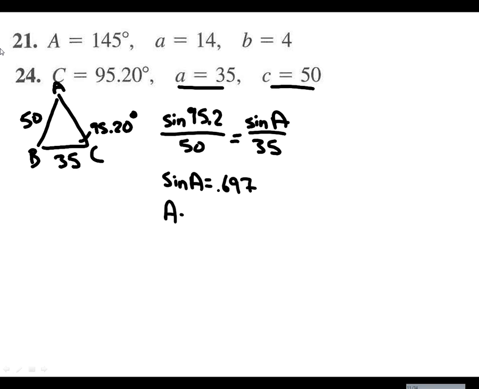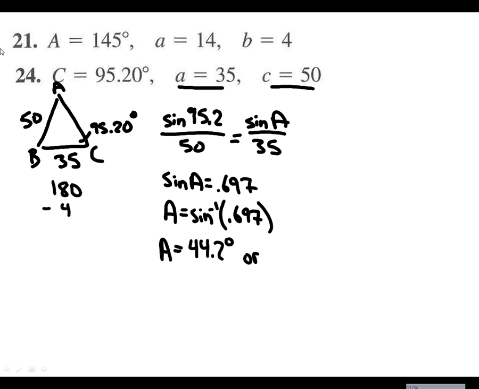So A is the inverse sine of 0.697. And so A is equal to 44.2 degrees. Or, remember we're going to subtract from 180, minus 44.2. Other option is 135.8 degrees. Let's make our chart here.